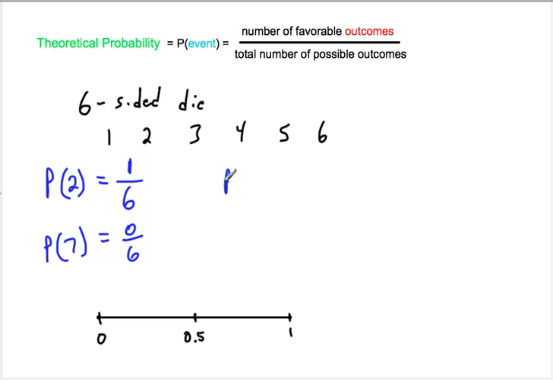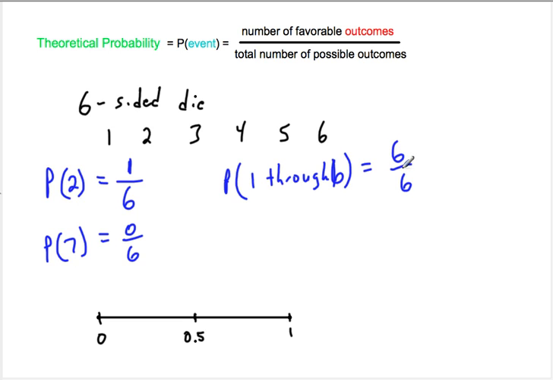And the probability of rolling a number 1 through 6 inclusive, meaning 1, 2, 3, 4, 5, or 6, is equal to 6 over 6 because the number of favorable outcomes is 6. There's a 1, a 2, a 3, a 4, a 5, and a 6, which is also the same as the possible outcomes. So it can never be greater than 1.